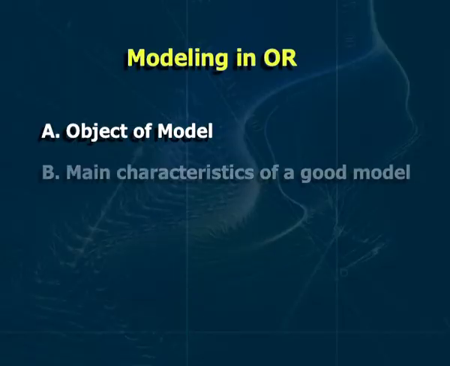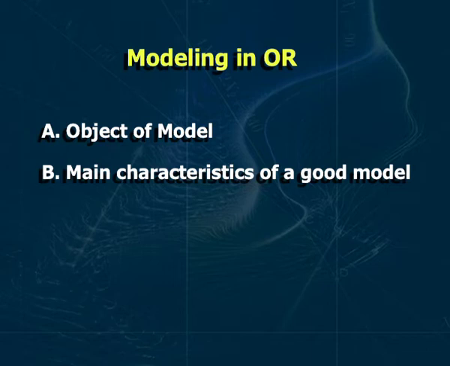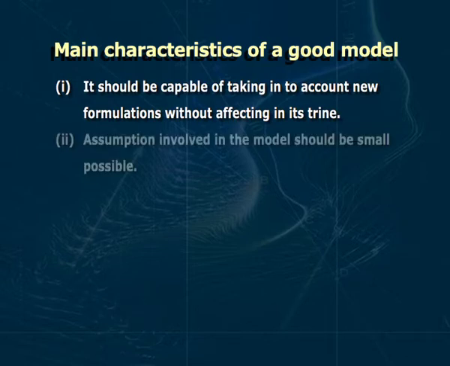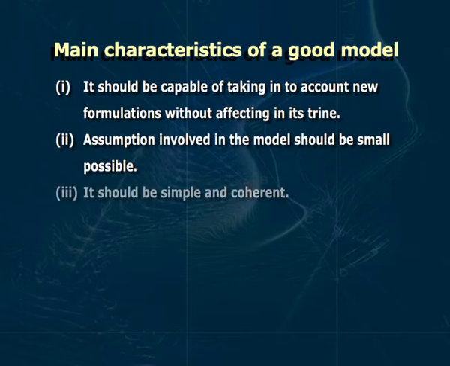The objective of modeling is to provide a means for analyzing the behavior of a system to improve its performance. B. Main characteristics of a good model. Number 1. It should be capable of taking into account new formulations without affecting its trend. Number 2. Assumptions involved in the model should be as small as possible. Number 3.